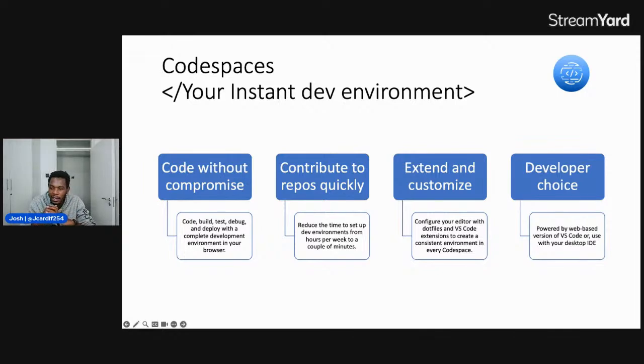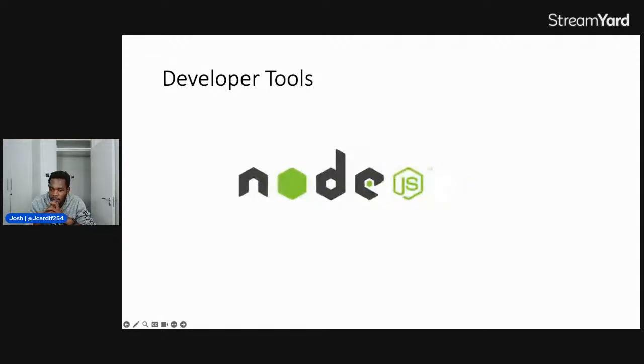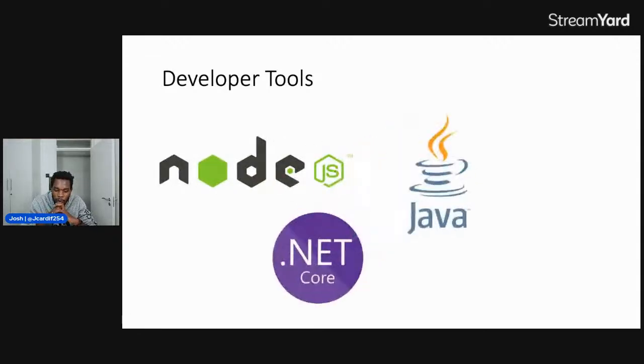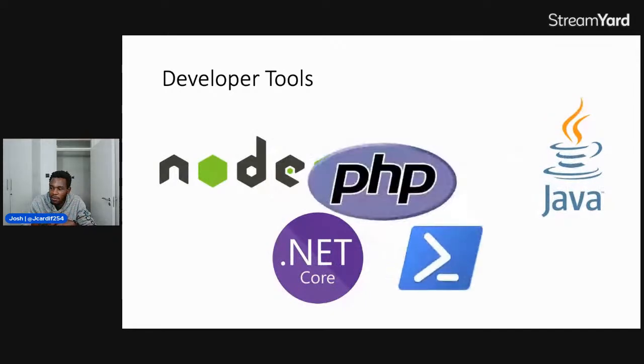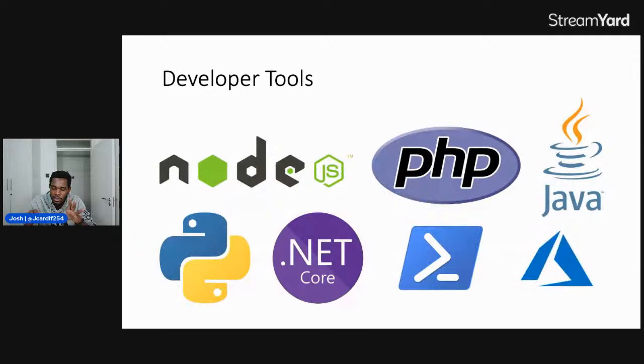So I think I've highlighted what Codespaces do and why they are important in your development environment. The next thing we're going to do is see some of the developer tools that come with your default codespace environment. I've mentioned you don't have to worry about the initial setup of your project.